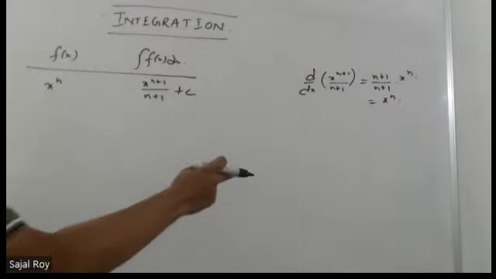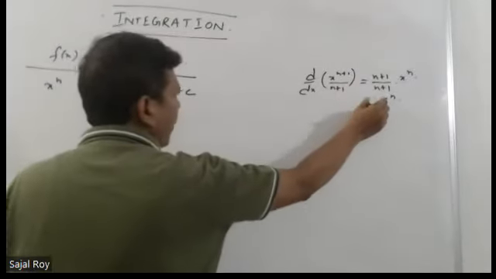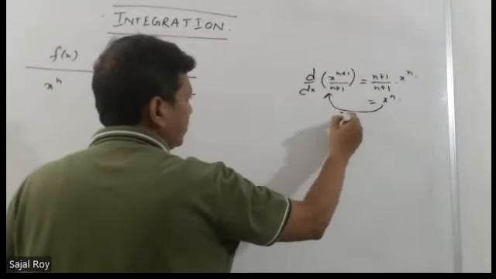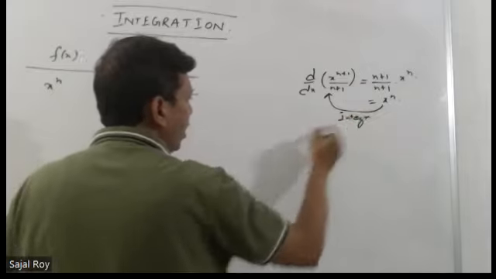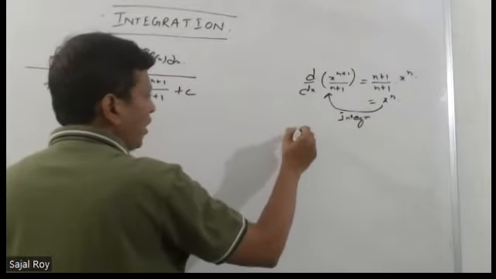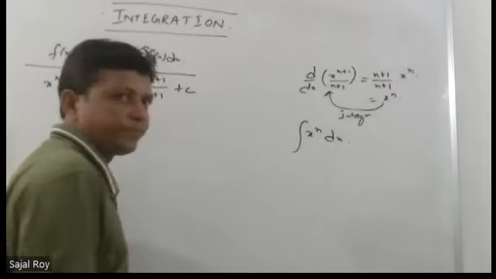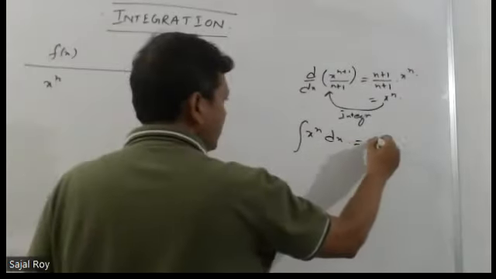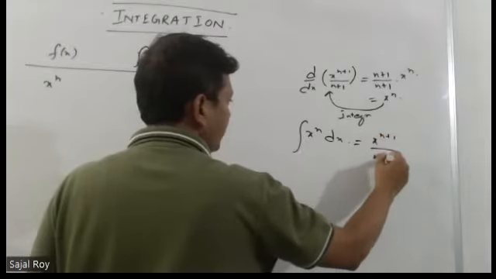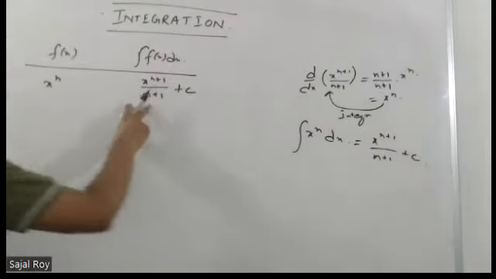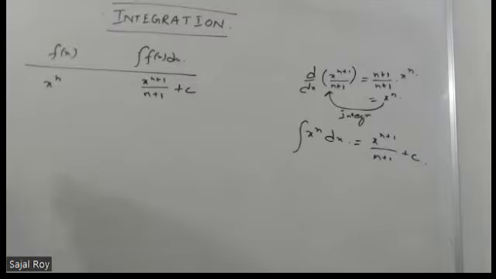So naturally, the integration of x to the power n will be this function. You write integration of x^n dx equals x to the power n plus 1 by n plus 1 plus c.